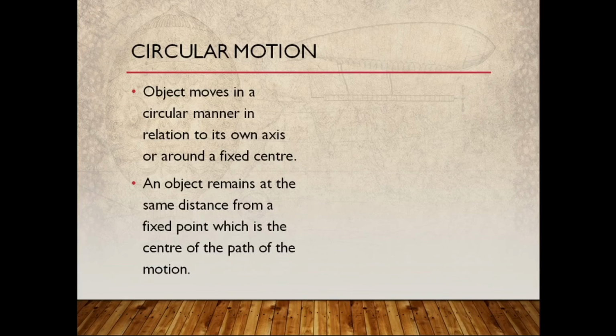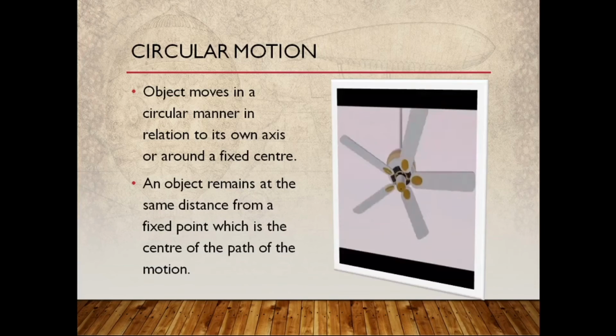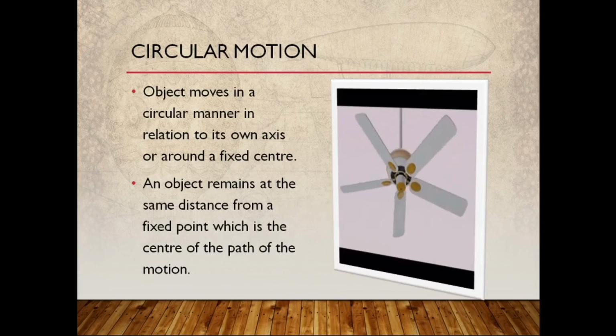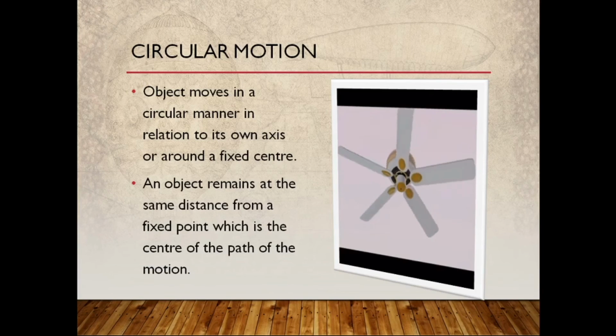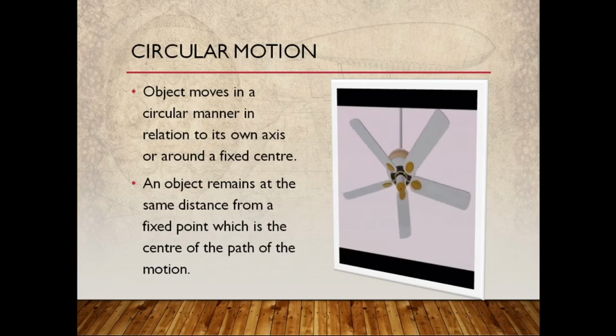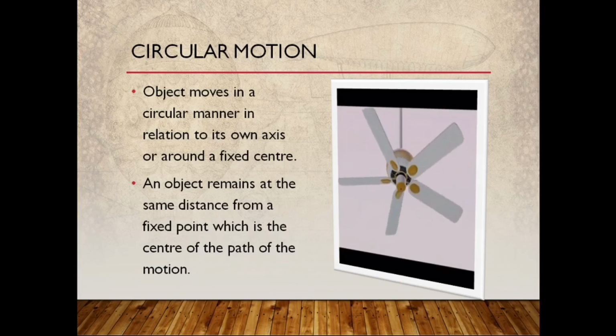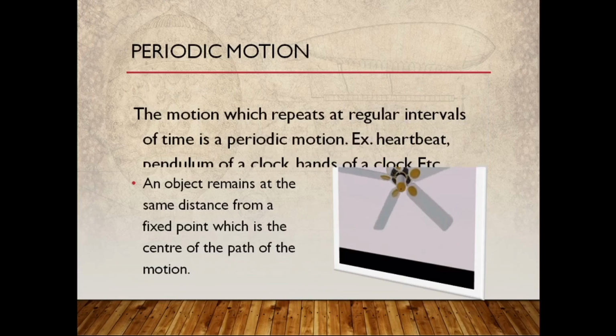There must be a ceiling fan above you. It is the best example of circular motion. It is fixed at the center, but its blades are moving around. So look at this picture. Here this fan is moving. So this is an example of circular motion. The object remains at the same distance from the fixed point, which is the center of the path of motion. Understand? So this is known as circular motion.